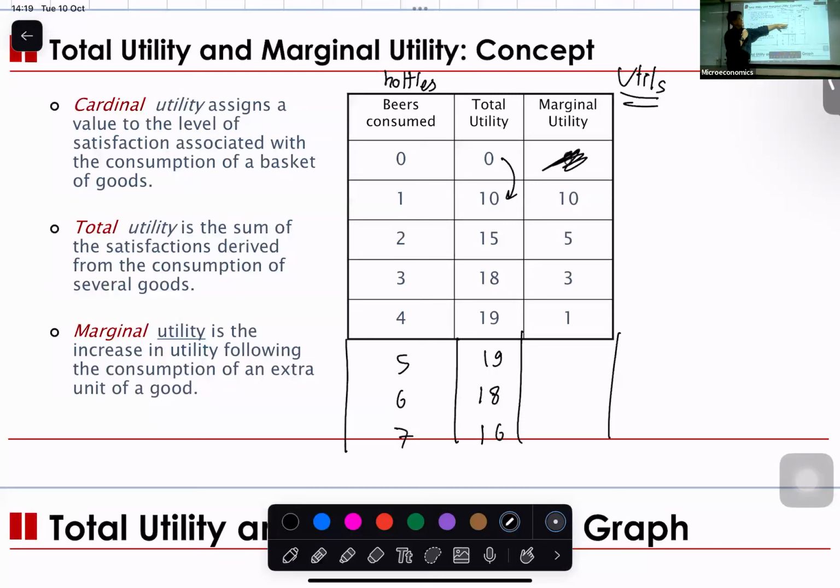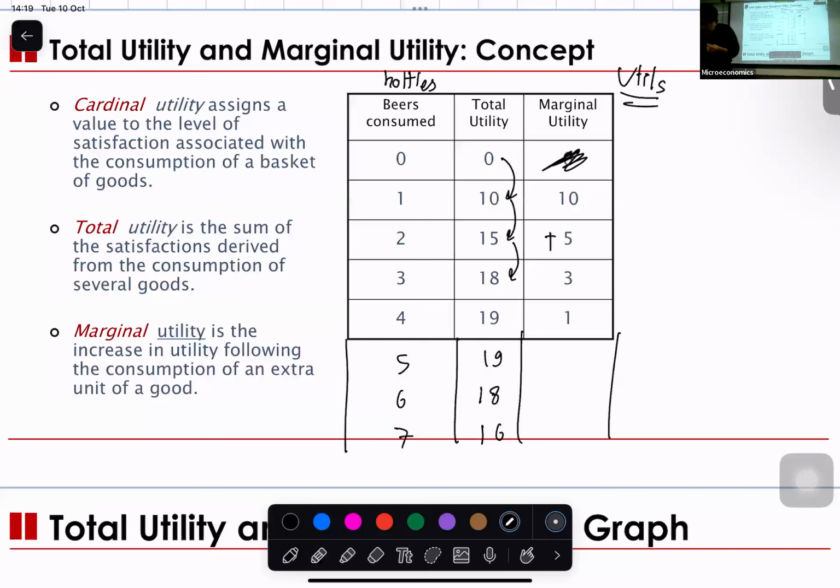And now, if this guy drinks two bottles, his TU is 15. We compare with the previous, when he drank only 1. Marginal utility is 5. The second bottle delivers 5 utils, plus 5. How about the third bottle?